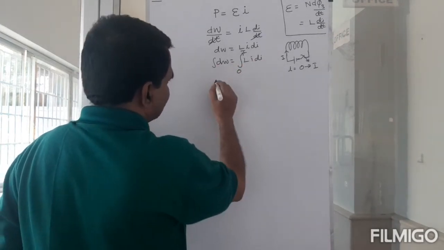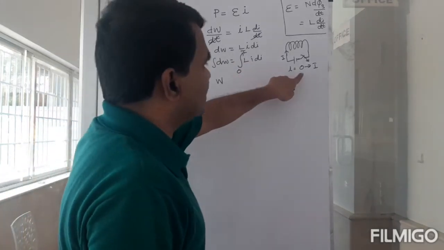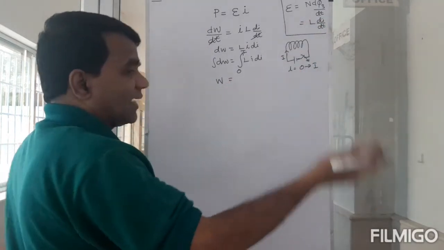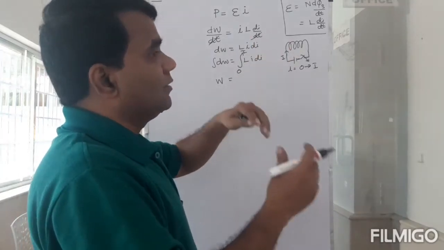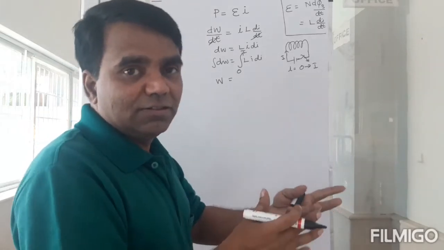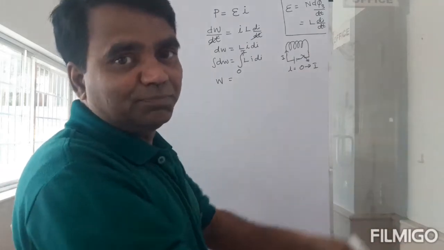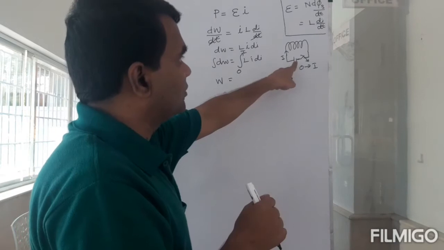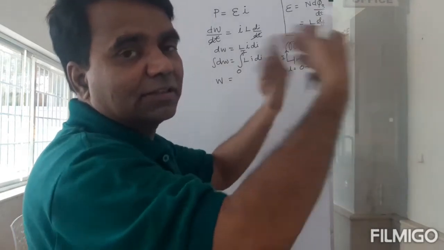So this will be the total work done in taking the current from 0 to capital I. Because you notice that there will be a back EMF, the flux will start changing, and that change will be resisted by the coil. So you have to do work against it to push more and more current into it. Where there is a back EMF coming, when you are trying to put this current, this voltage there, then there is a back EMF coming from it.